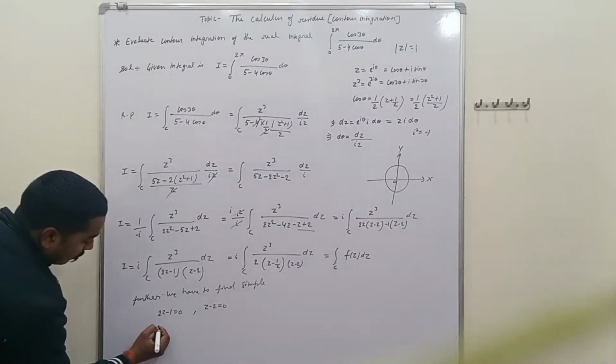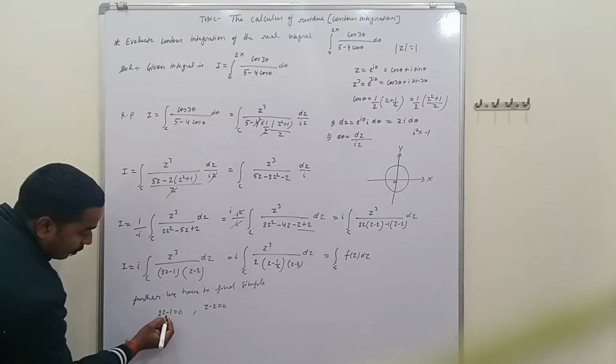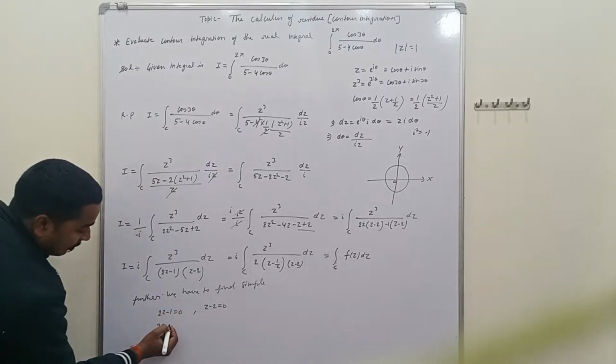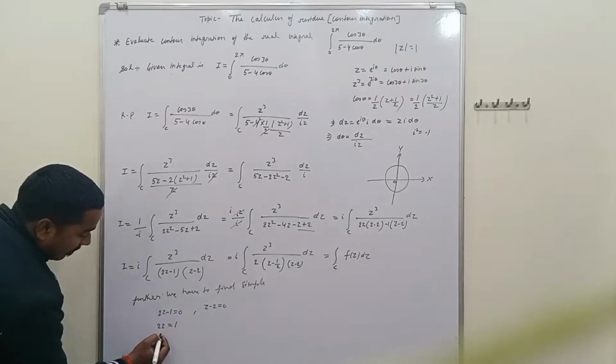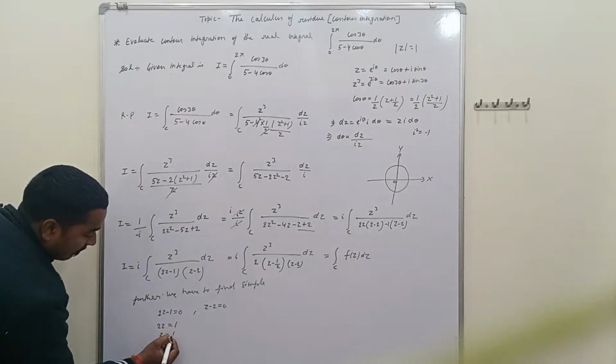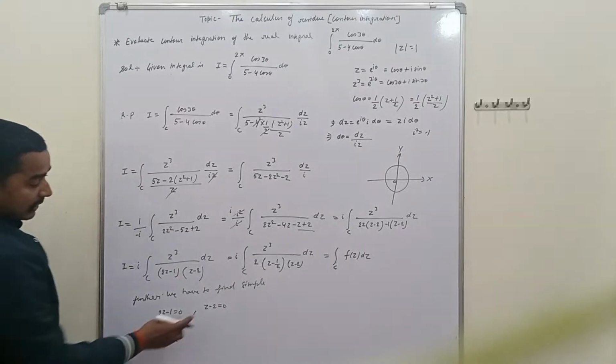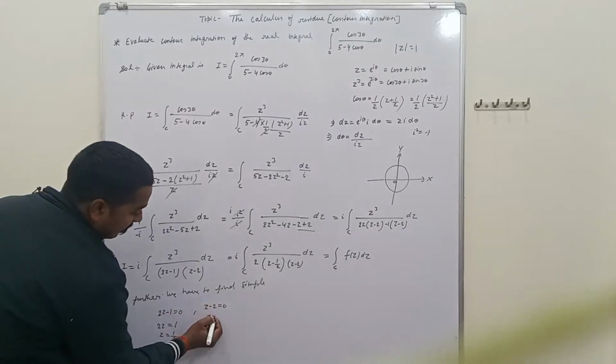From here, minus 1 is taken to the right hand side, so z is equal to 1 by 2, and the second we get z is equal to 2.